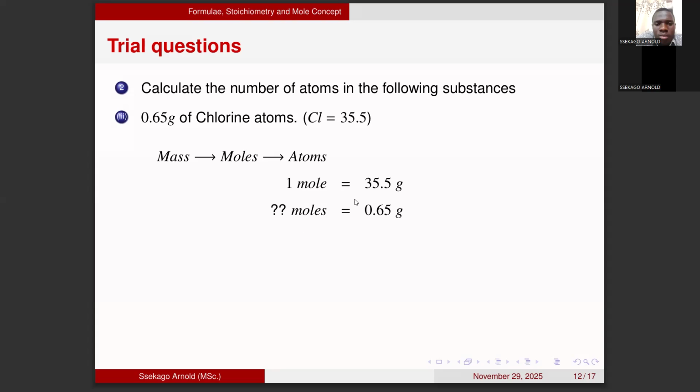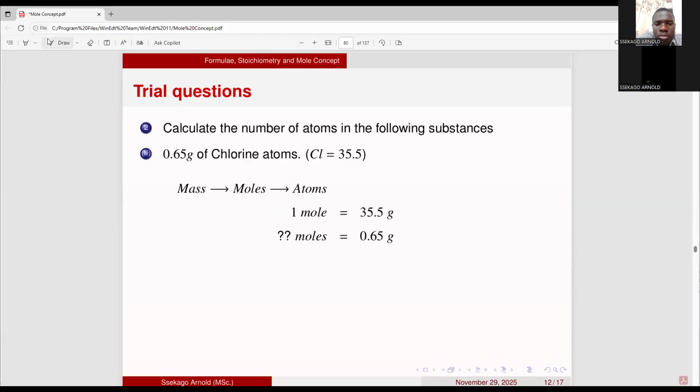Therefore, cross multiplying, we shall have 0.65 times 1. If we cross multiply, this is what we shall have: 1 multiplied with 0.65, and then 35.5 grams multiplied with an unknown.